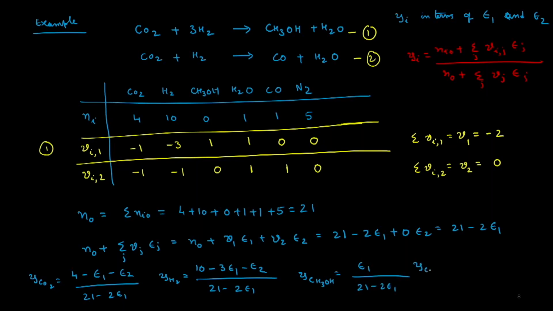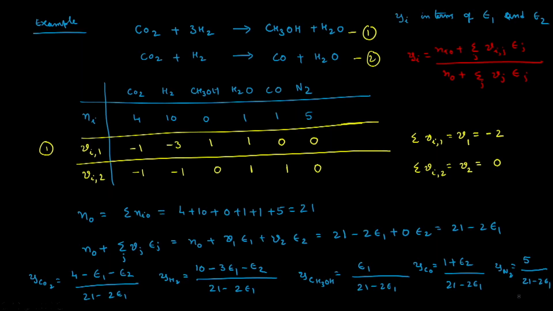Y for CO is going to be the initial number of moles, which is 1, nothing in the first reaction for CO. It's nu for CO in the second reaction is 1 times epsilon 2 over 21 minus 2 epsilon 1. And finally for N2, the initial number of moles is 5, the stoichiometric number in both the reactions is 0, so the numerator is simply 5 and the denominator is 21 minus 2 epsilon 1.